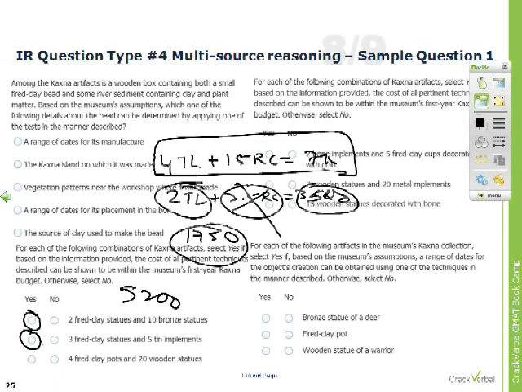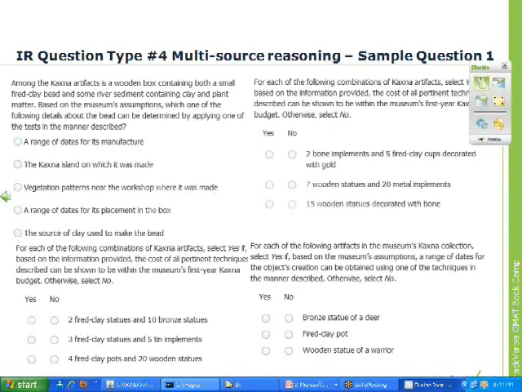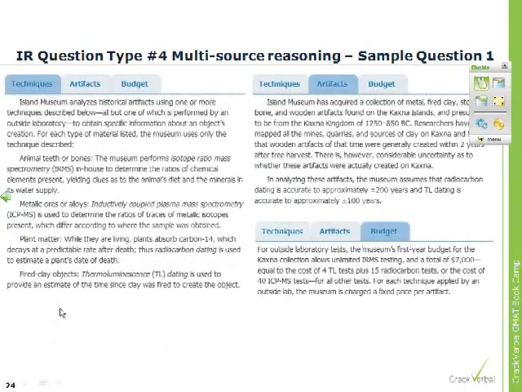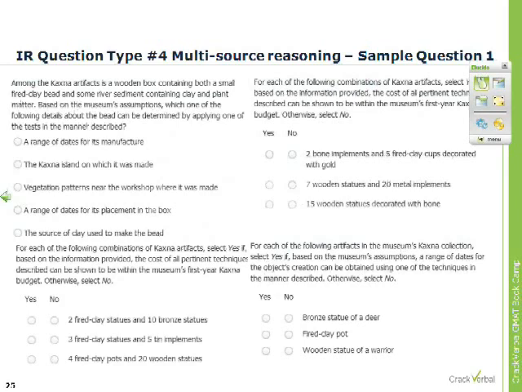No. Wooden statue is coming under radiocarbon. Yeah, so 15 is what we get, but there we want 20. Right? So 20 wooden statues plus 4 will definitely be greater than 7,000. Can't be budgeted. So this is no.